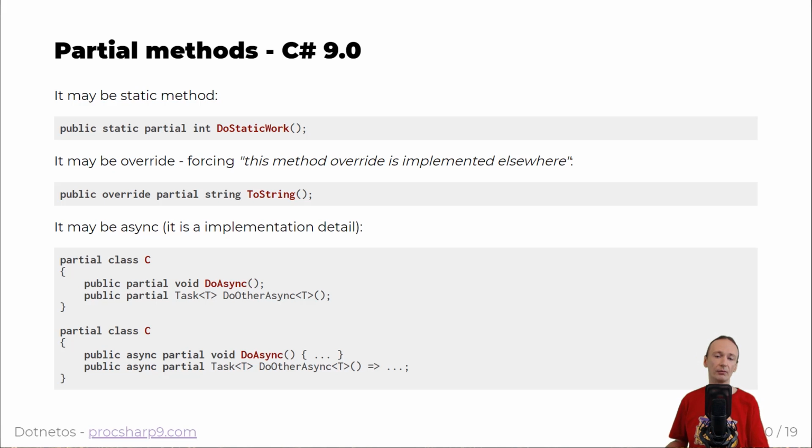So we can have a partial class C where we define some methods. One may return void, another may return Task of T, and the implementation of those methods may be provided in a different part of the same class, and they can be marked with the async keyword, which will have the same signatures but will allow us to call await inside those methods.